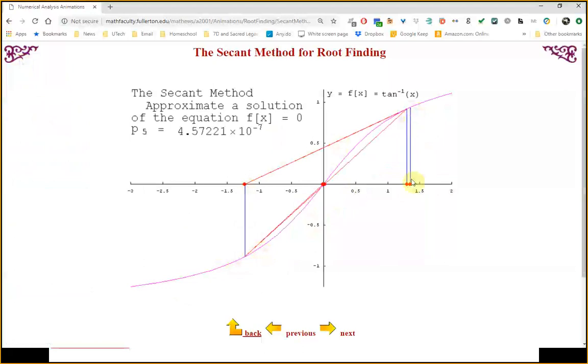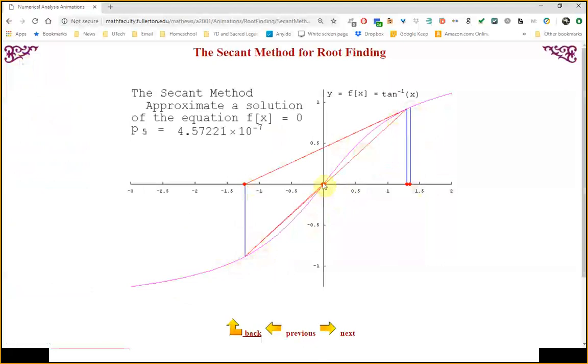Now we're going to disregard one of these. That's this one. And we're going to use this one and this one. That's the value of the function here, the value of the function here. So we draw a straight line between the two, and wherever it goes, that's now our third iterative step.